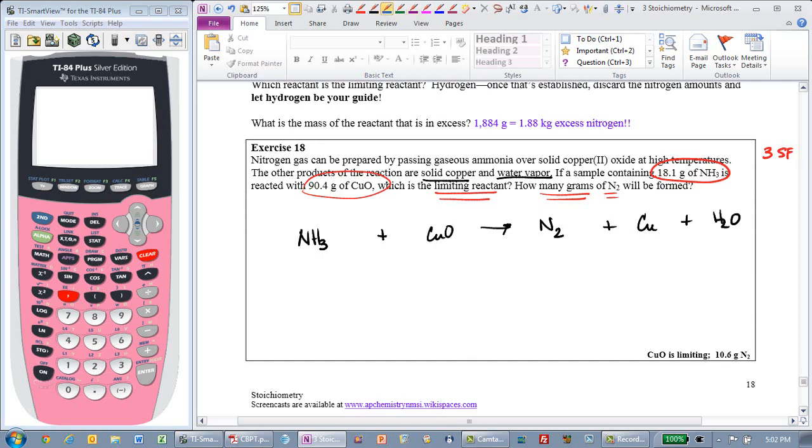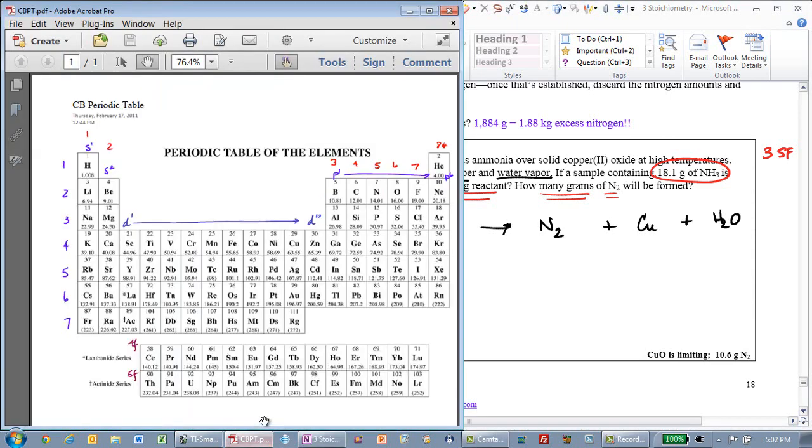And again, once you get skilled at this, you'll figure out what you do and don't need, and you won't waste time getting the molar mass of everything. So 14.01 for the ammonia plus 3.03. I can do that in my head. That's 17.04 for the ammonia. Got to look up copper. 55.45 comes to mind. Oh, 63.55. I would have been wrong.